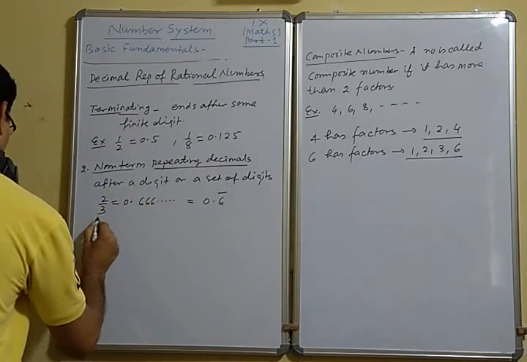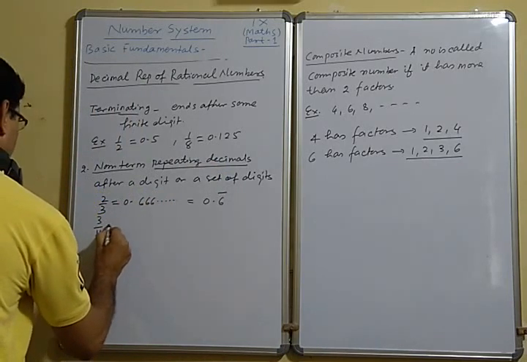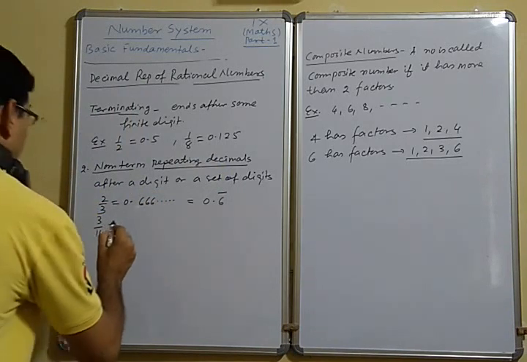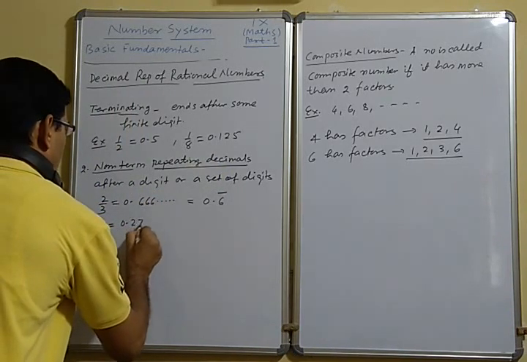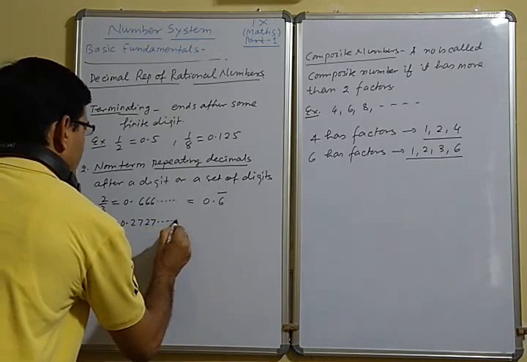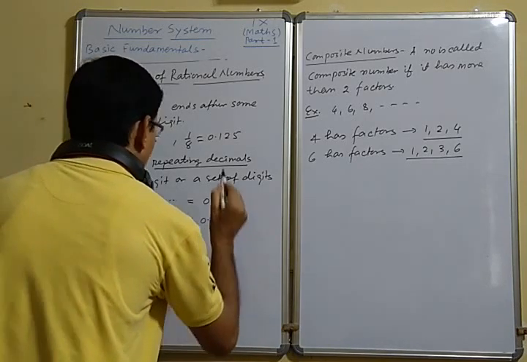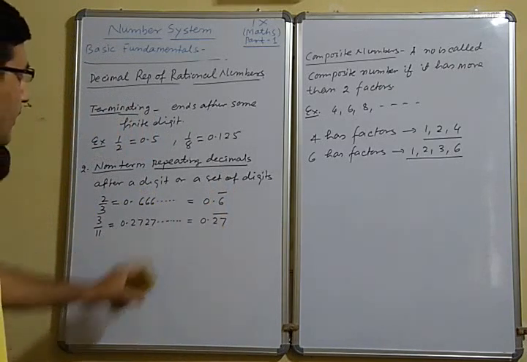Similarly, 3 by 11. If you divide 3 by 11, you will get 0.2727 and so on. So we can write 0.27 bar. Repetition of 2 digits.